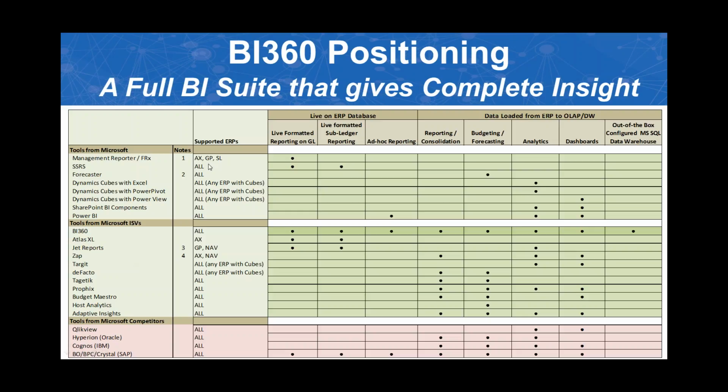And typically in the BI environment, folks are looking for reporting, budgeting, analytics, dashboards, a pre-configured data warehouse. So BI 360 fits all of those areas. What this means is that you don't need to go to a number of different vendors to complete that BI environment. You don't need to work with a number of different learning curves and maintenance and license agreements. Everything is all in one place, and that's really important to a lot of customers out there.